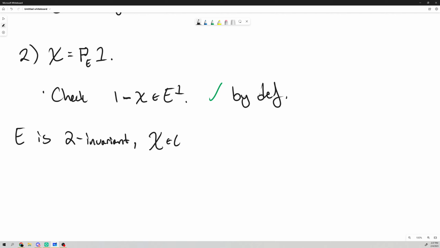This is where we apply double invariance: 1 minus chi is orthogonal to Z^n times chi. Why? Because E is doubly invariant, so this is in E, and 1 minus chi is in the orthogonal complement of E, so it's orthogonal to everything in E.